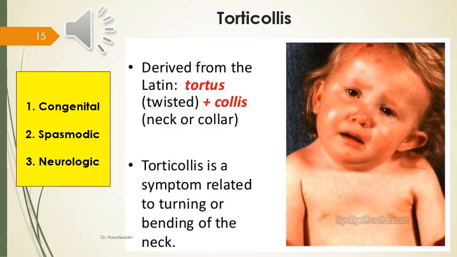It can be congenital or spasmodic or spastic or neurological. This condition occurs as you can see in the image. The head is tilted toward the affected side and the face is turned toward the opposite shoulder. It is painful.